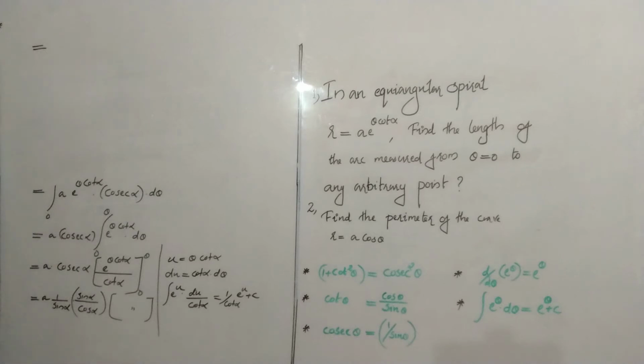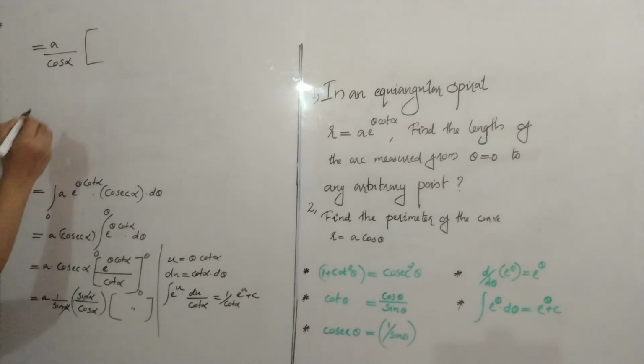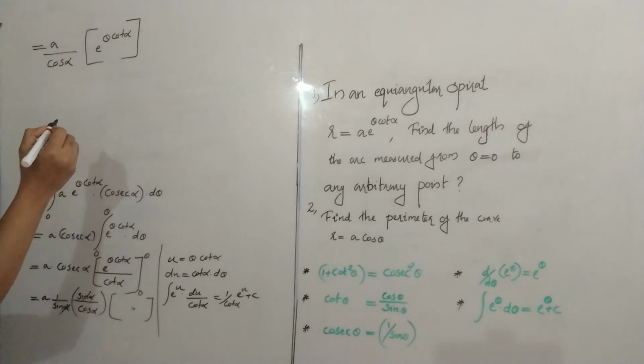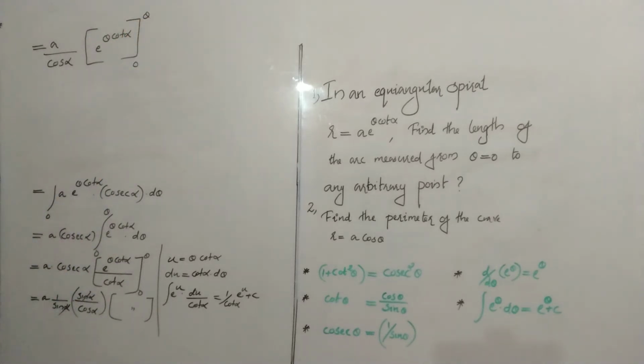Or this can be written as a into, sin alpha will cancel, a by cos alpha into e raised to theta cot alpha, and the limits from 0 to arbitrary point theta.